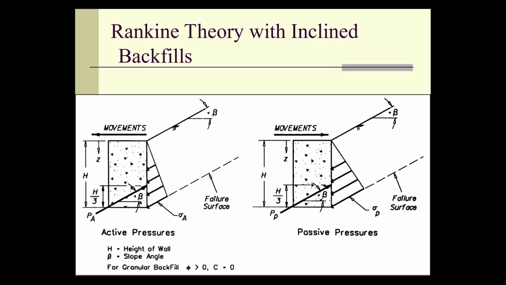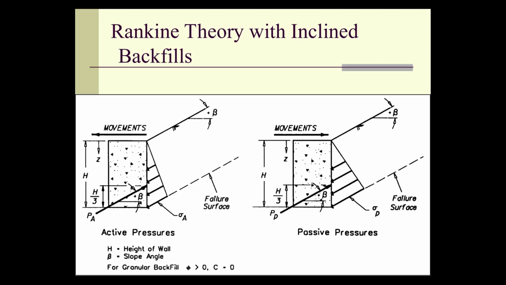The failure surface is maybe a little different. The direction of the force is different. Instead of having a purely horizontal force, you've got a horizontal and vertical component with a force. Things change. The way we take that into consideration, however, is by changing the earth pressure coefficient instead of changing the theory.